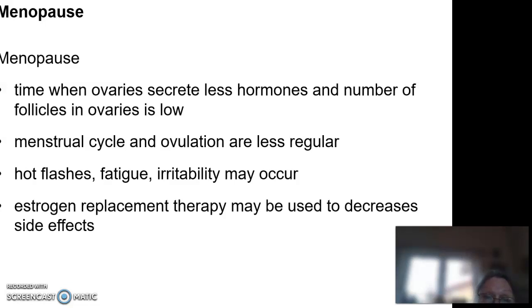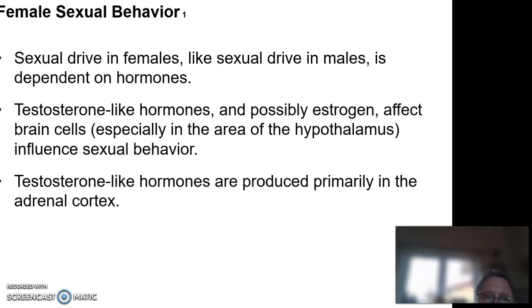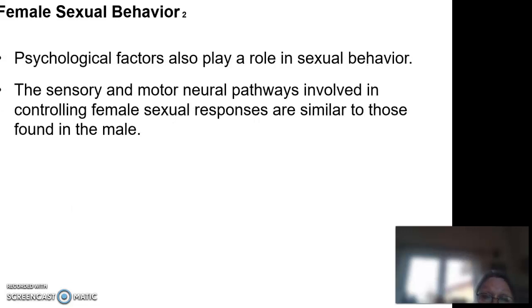Your menstrual cycle and ovulation are less regular, and you have hot flashes, fatigue, and irritability may occur, and estrogen replacement therapy is used to decrease side effects. You have your sexual behavior, testosterone, and it's much like it is in the male.